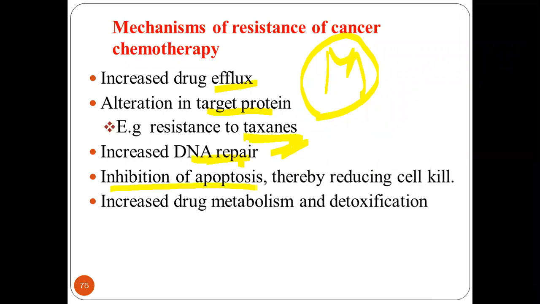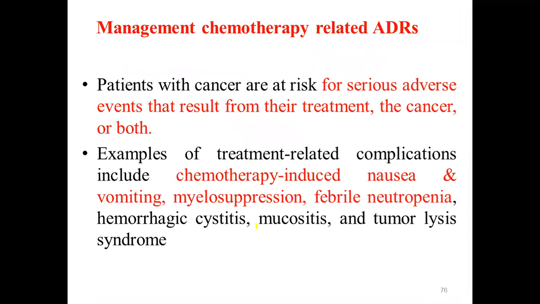Then inhibition of apoptosis, thereby reducing cell kill. Some cancers inhibit apoptosis in such a way that they promote resistance. Increased drug metabolism or detoxification is also another mechanism. So those are some of the mechanisms of resistance to cancer chemotherapeutic agents.